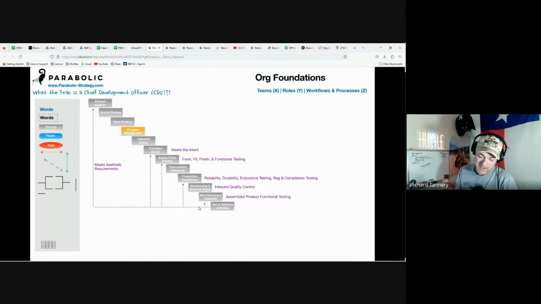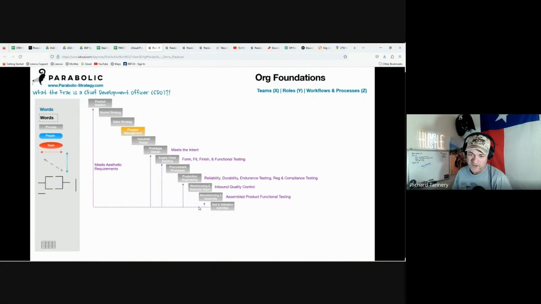We have to make sure that our manufacturing technicians are all consistent in how these things are being put together. We've got all kinds of different testing, form, fit, finish, and functional testing from our suppliers. We need to make sure everything meets the intent, meets the aesthetic requirements of our product requirements document that was created previously during product ideation.